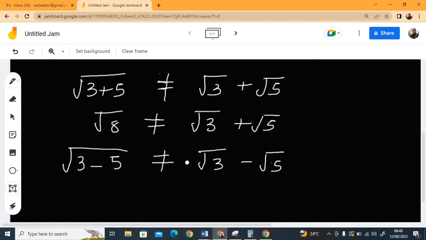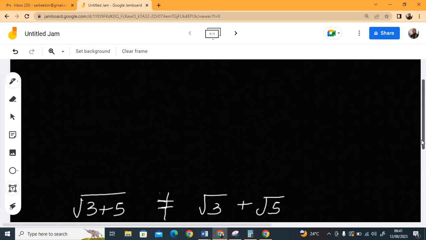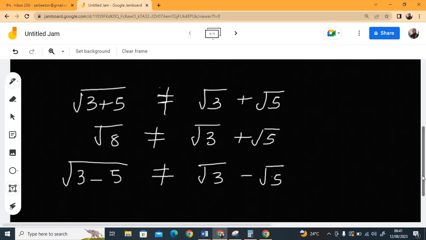So under root, for addition and subtraction, you cannot dissociate or decompose them into each particular root. But for multiplication and division, you can do that. So those are the rules under surds. We are still going to look at how to decompose to basic form and surd form, and surd form to basic form. So let's move on.